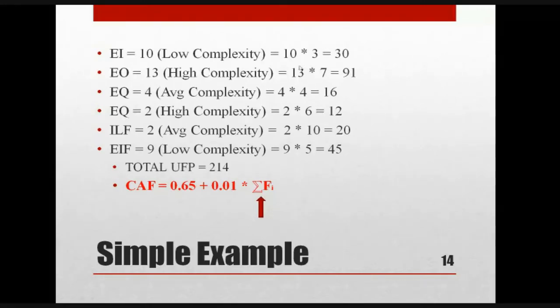So 10 into 3 is equal to 30 is for external input, 91 is for external output, 16 is for external inquiries, 12 is for external inquiries high complexity, 20 is for internal logical files, 45 is for external interface files. So all these we have calculated. If you sum up all these things, you will get the UFP, that is 214.